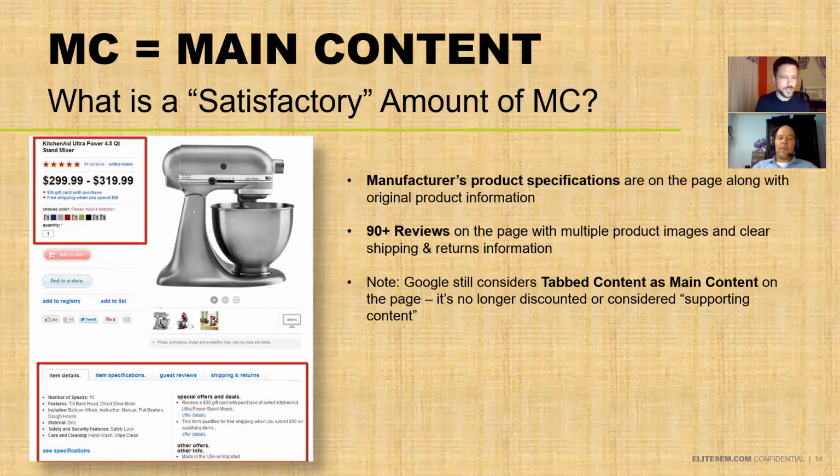You have item specifications, which are a little different than item details, more proprietary probably to this specific site. Then you have guest reviews, which are unique to this site, and the shipping and returns, obviously unique to this site. So it's everything the searcher needs to make an informed decision to purchase and to answer their questions. That's right.